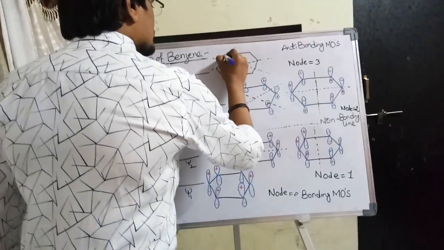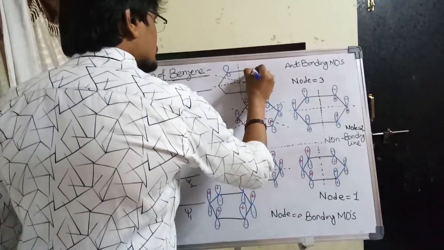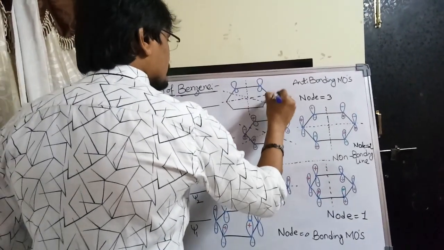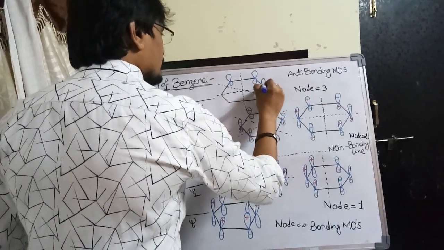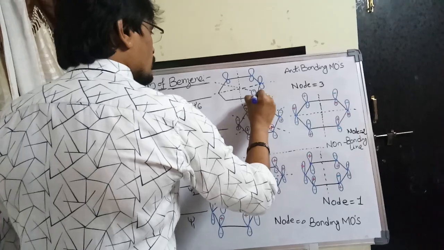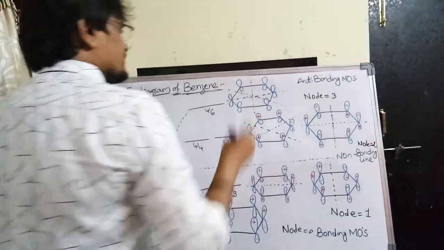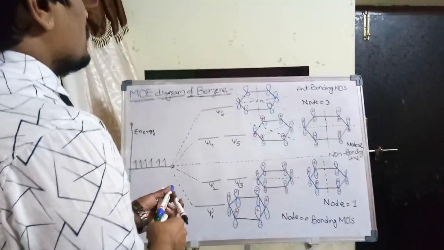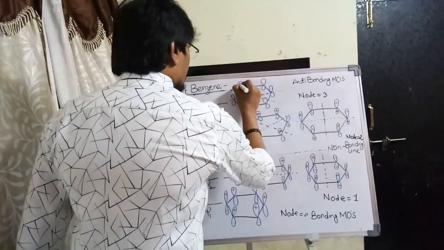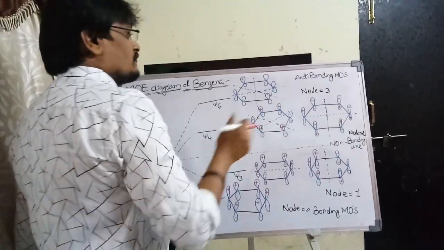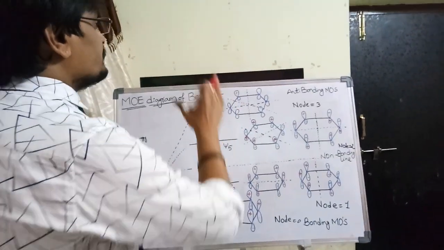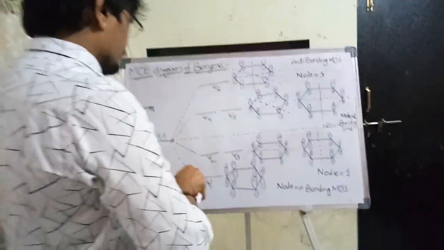So now let us draw the lobes. 4, 5, 6. So positive. First of all, fill the signs of the upper lobes positive.